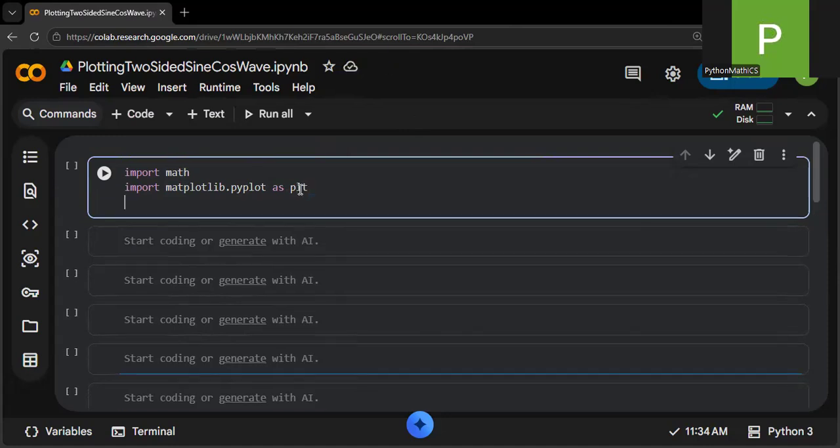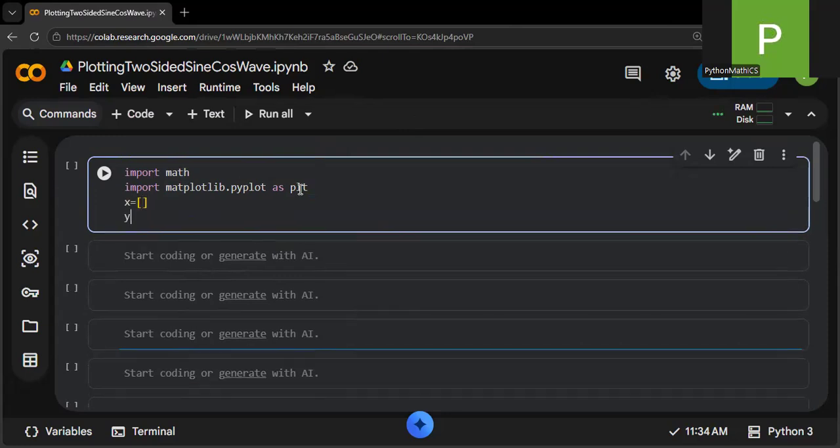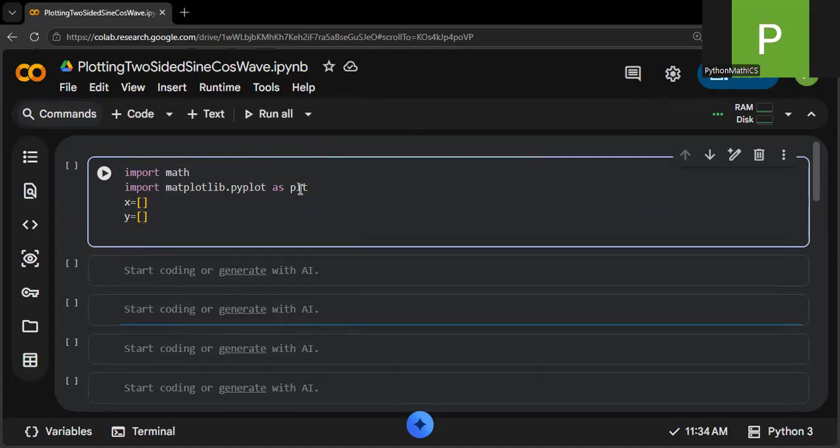Okay, so next we will use again toList as in the previous lecture. So x for storing the x variable. So we initialize this by this one, and similarly y is equal to this one. Then we use the for loop.